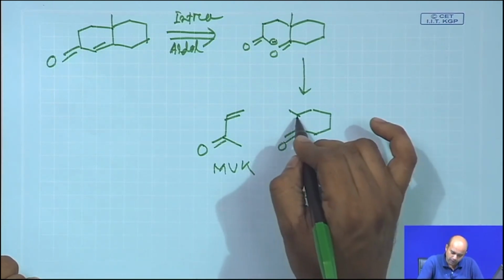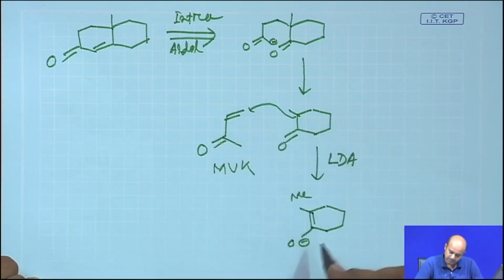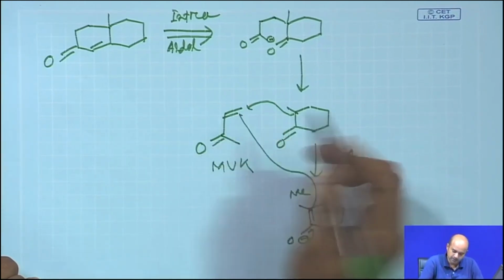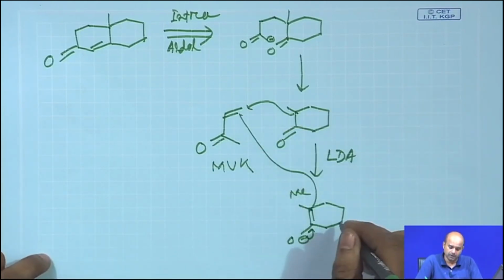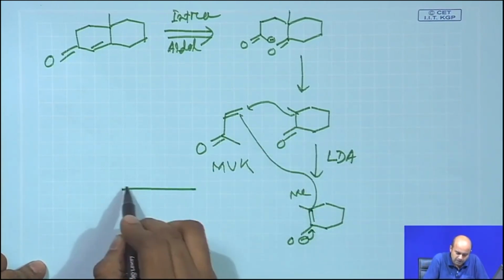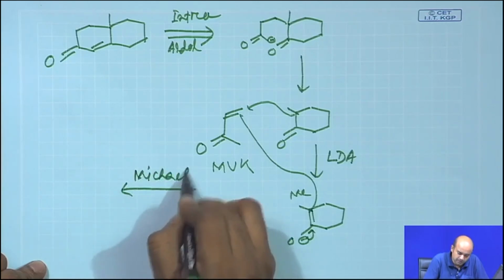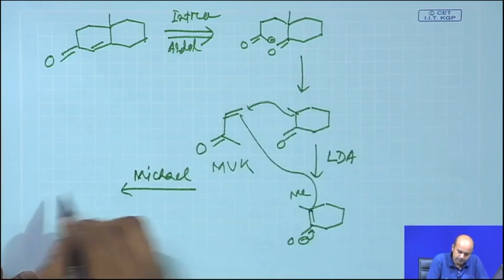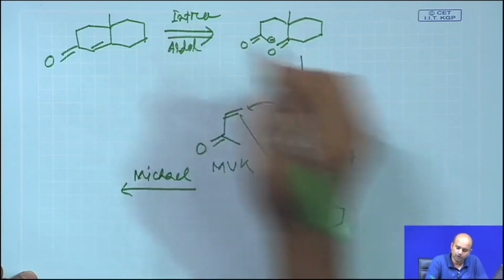This nucleophile will now attack this Michael acceptor. You can write it either way, as a carbanion or as an enolate. The Michael reaction is the key transformation. So, you get the product as I have drawn here, then aldol.